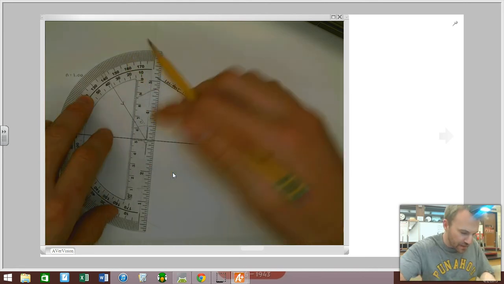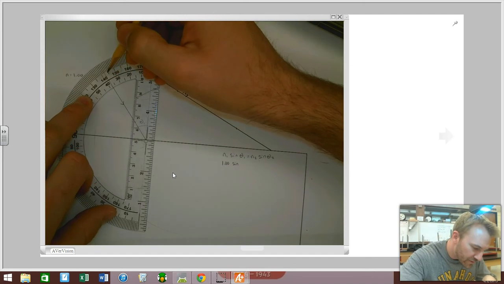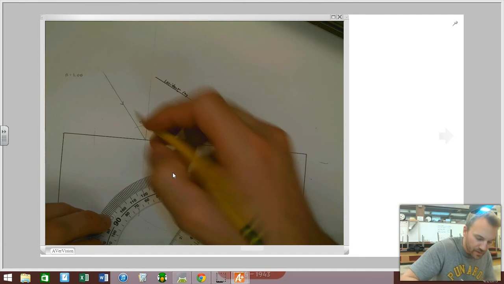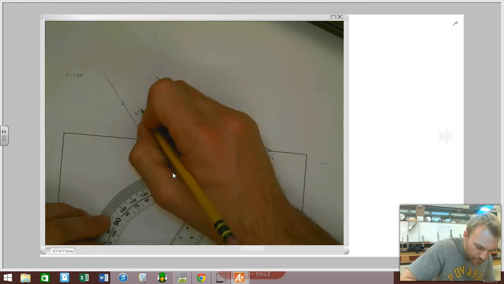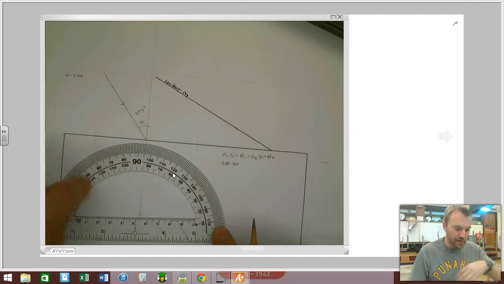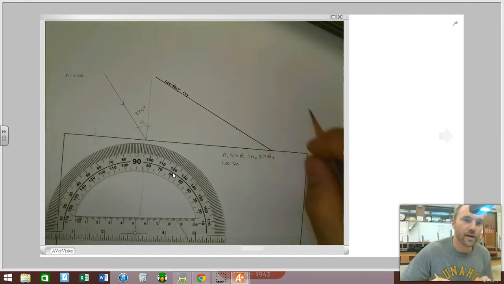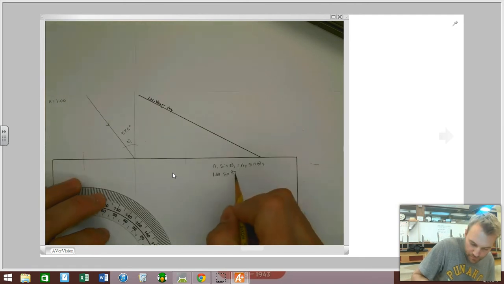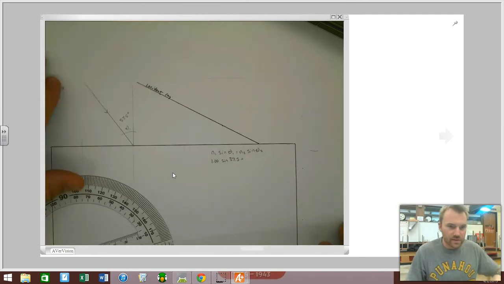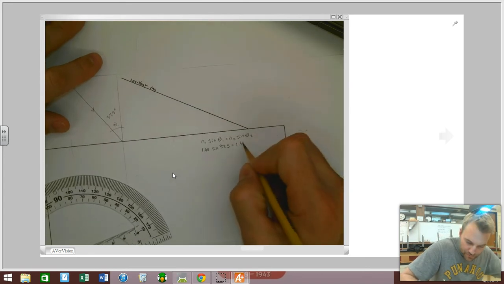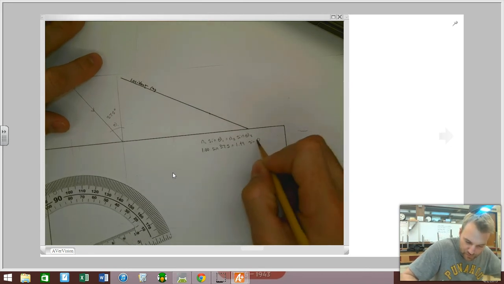And I'm going to measure my angle. It looks to be 35, 36, 37.5. These are marked off every 1 degree, so I'm going to estimate that final decimal point, so 37.5. And now it's going into the block: 1.49 times the sine of theta 2.